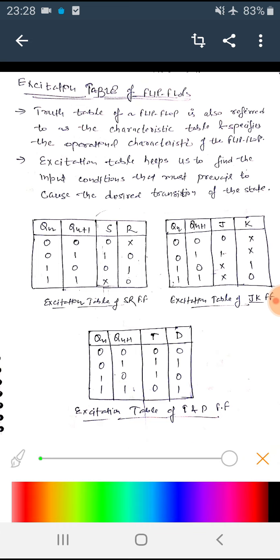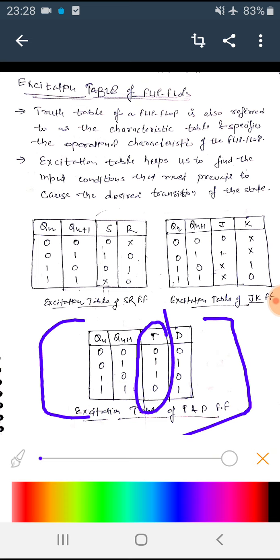Here I have written the excitation table of both T and D flip-flop. In the T flip-flop, if the previous state was 0 and we want the next state to be 0, we provide the input, as the T flip-flop has only one input, T equal to 0. If it was 0 and we want it to be 1, then we will provide 1.